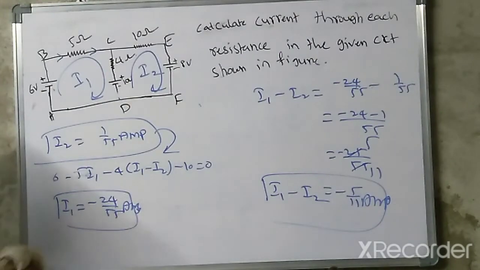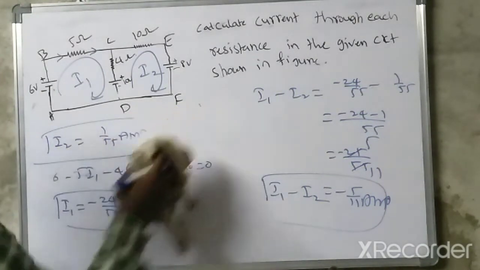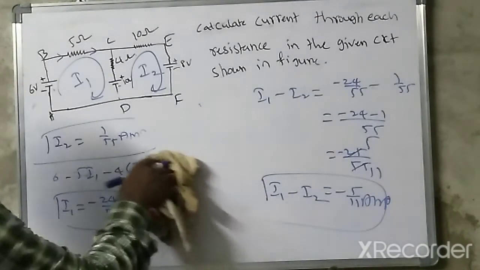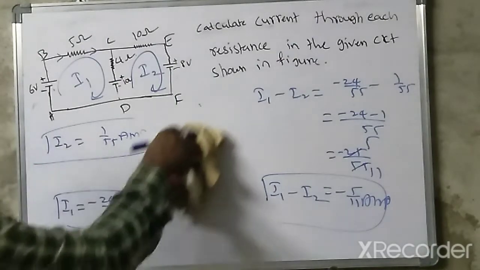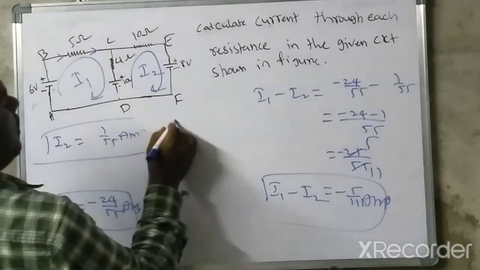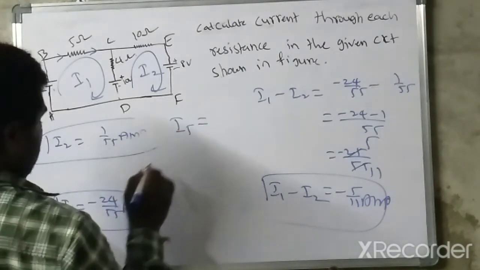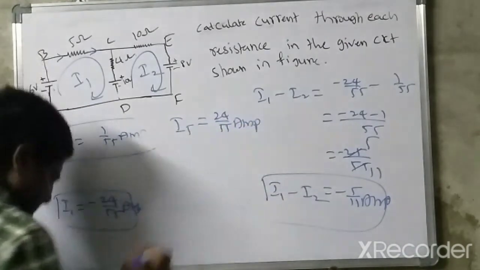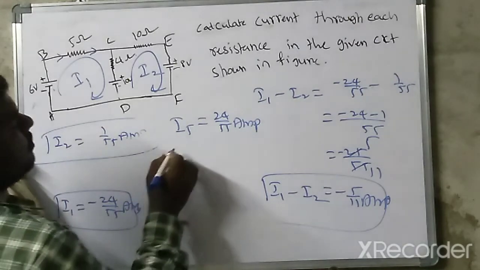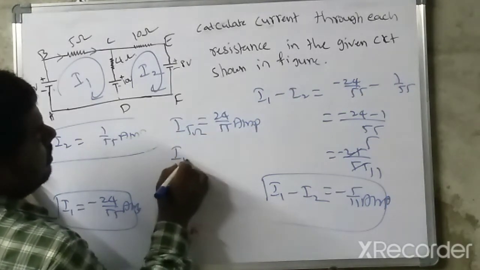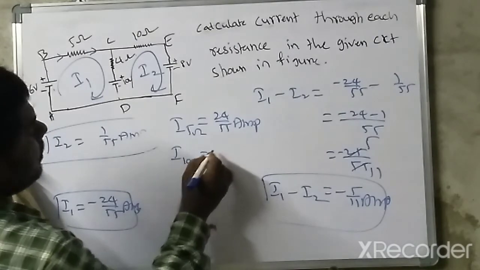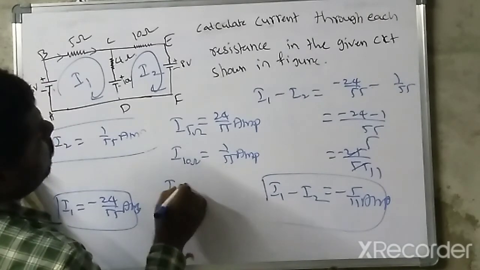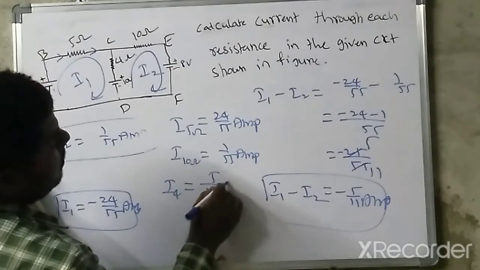It means the current passing through the 5 ohm resistor, I5, is 24 by 55 ampere. The current passing through the 10 ohm resistor is 1 by 55 ampere, and the current passing through the 4 ohm resistor is 5 by 11 ampere.